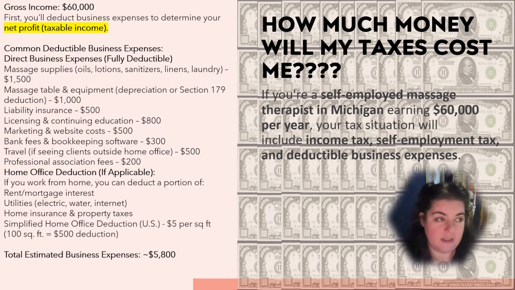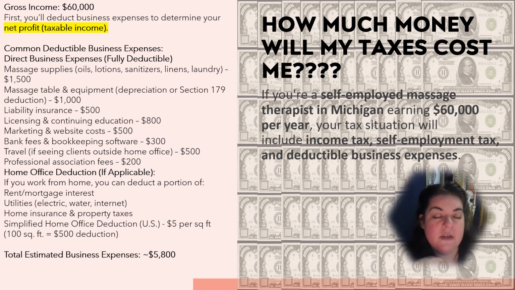All right, everyone. So let's assume, as a self-employed massage therapist in Michigan, that you have made $60,000 gross income. All right. Now, what you're going to do is you're going to take your business expenses and subtract it from that total income. Gross income is all that income that you have received from all of your various retail, services, side work.